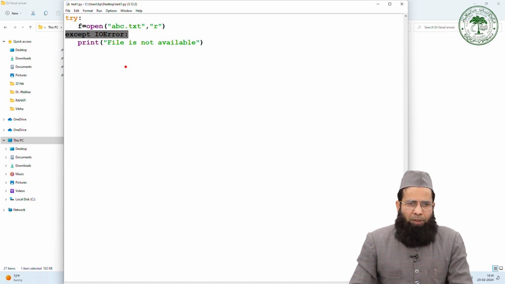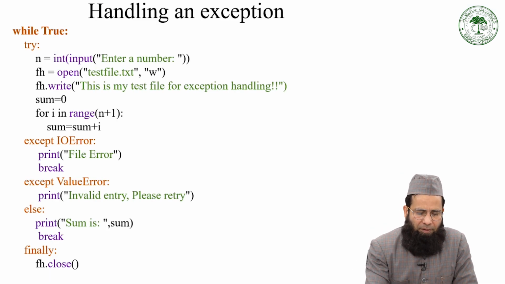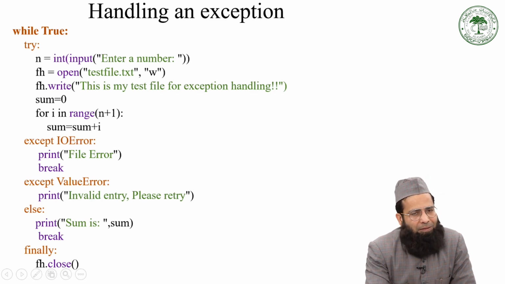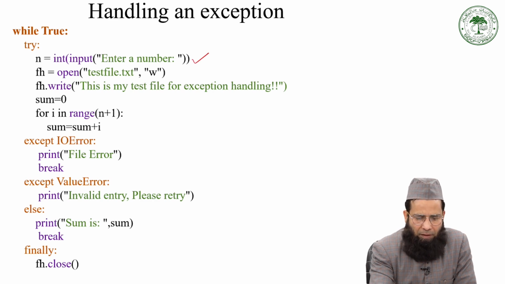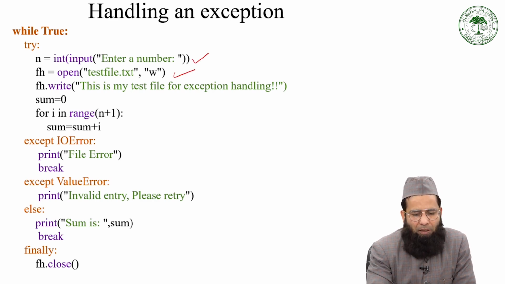Let me come to the PPT now. Let me select the pen. So I have included here an example code. It is taking certain input from the user, and it is also trying to write certain text into this file.